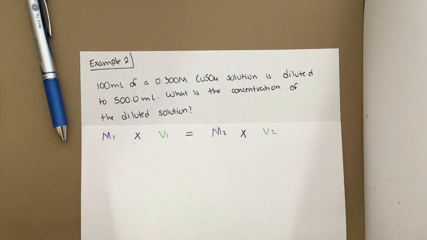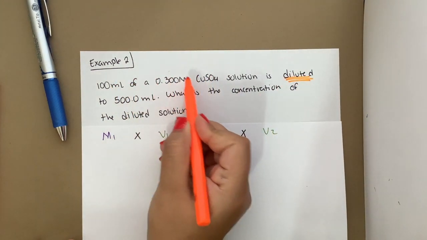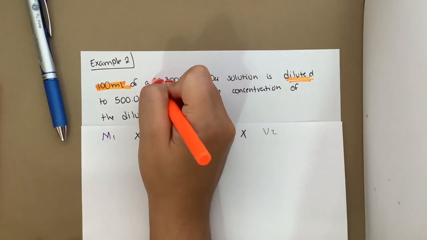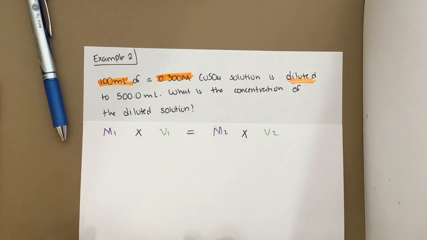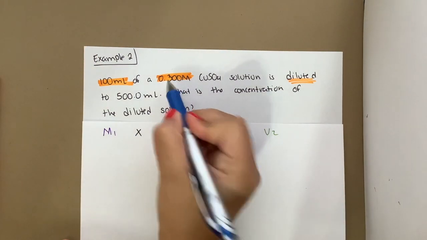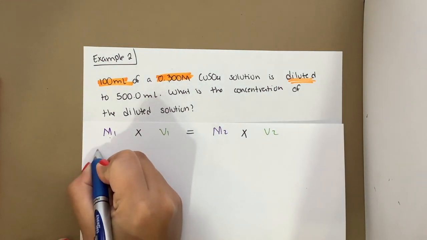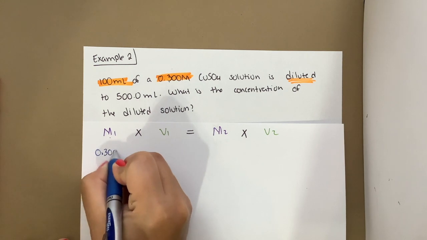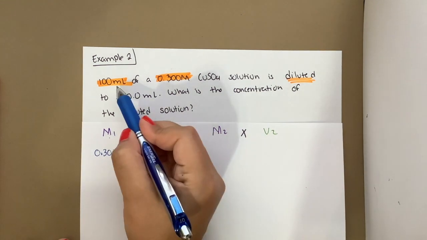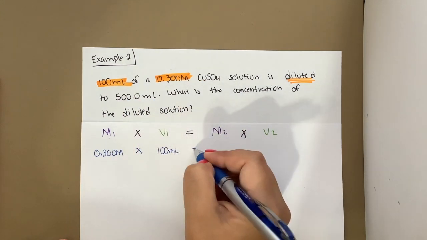So it says 100 milliliters of a 0.3 molar solution is diluted. Again, the key term here is diluted. If this solution is diluted, that means that this is going to be the volume and the concentration for my initial. So 0.3 molar is going to be my M1, my initial molarity, 0.300 M, times my initial volume, 100 milliliters, equals.